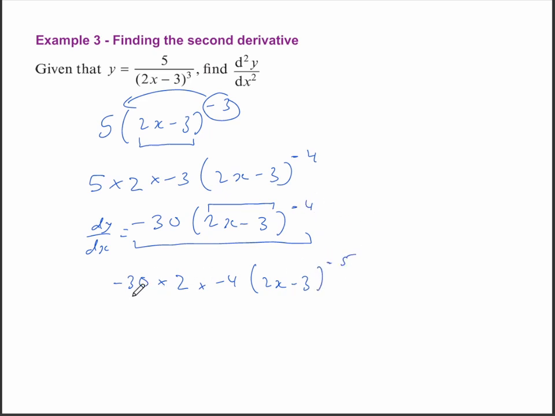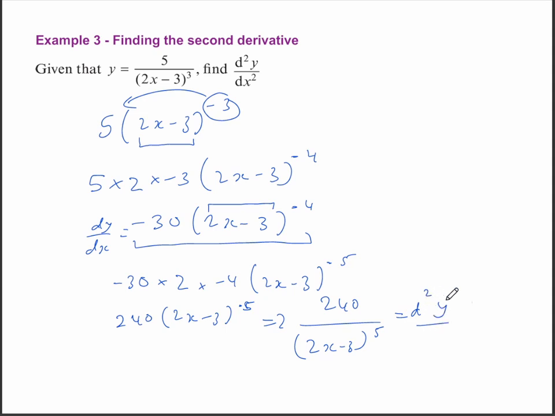Therefore, this ends up becoming 30 times 2, which is 60, times 4, which is 240. So 240 (2x minus 3) power -5, which is just 240 over (2x minus 3) power 5. And that is going to be our second derivative, d2y over dx squared.